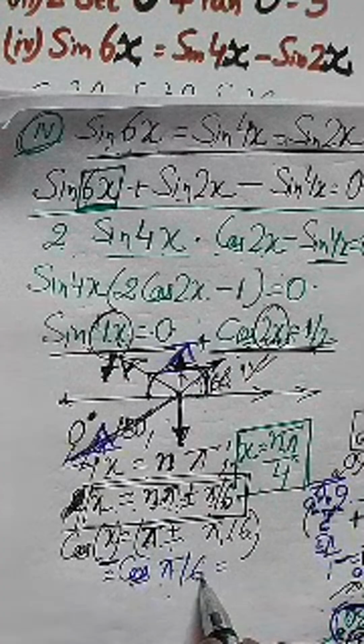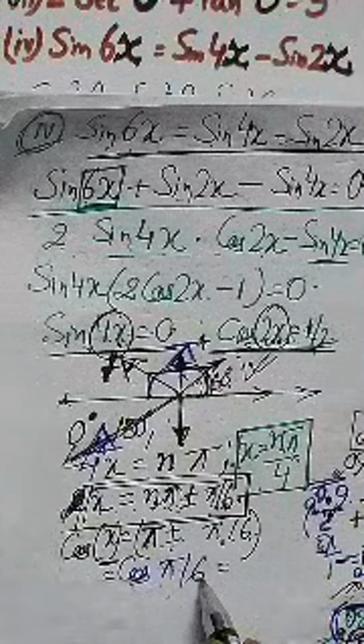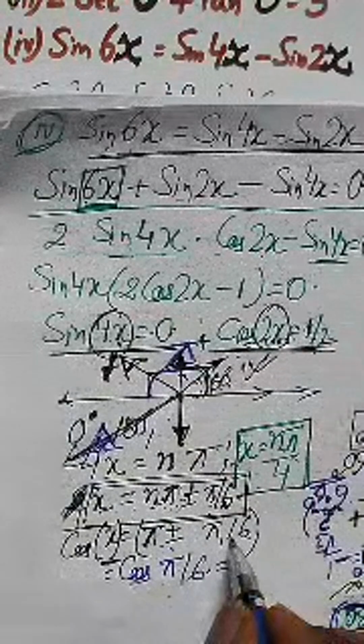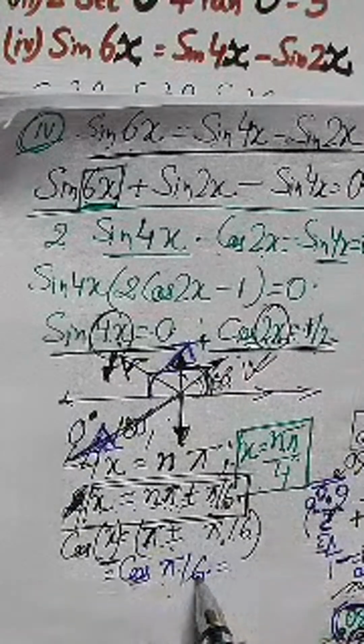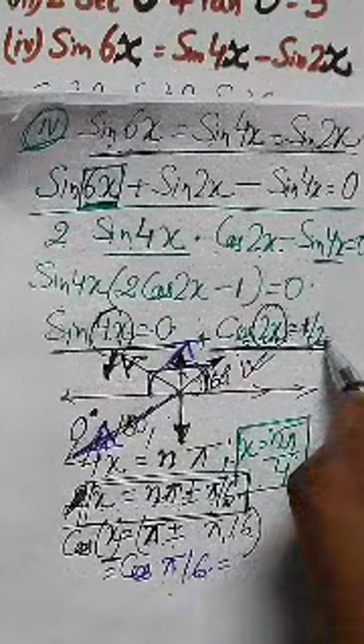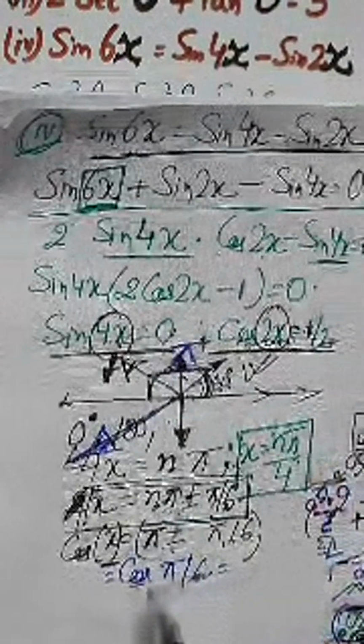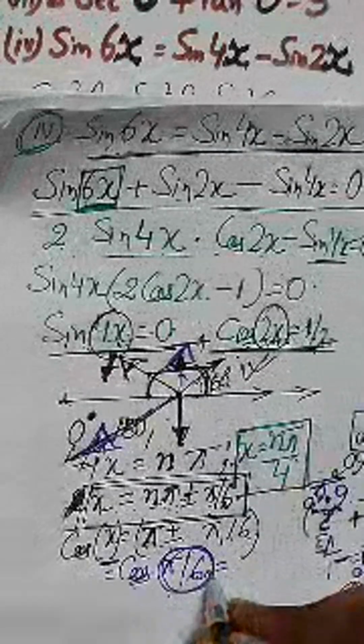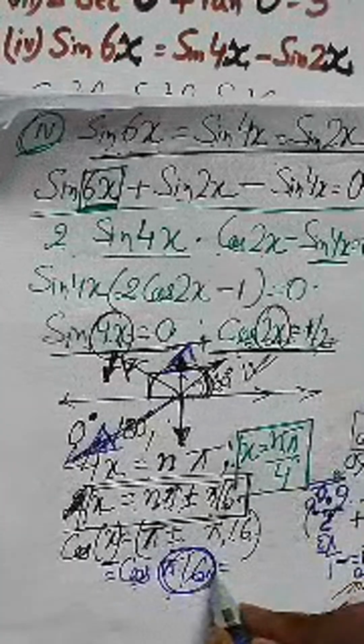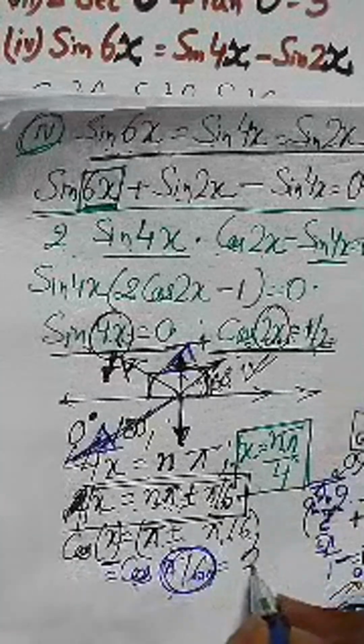So what is cos pi by 6? Cos 60 degrees is 1 by 2, right? Here pi by 6 is equal to 30 degrees, 180 by 6, that is 30 degrees.